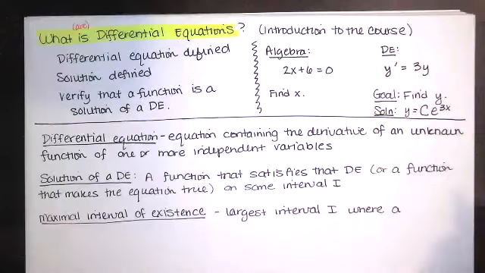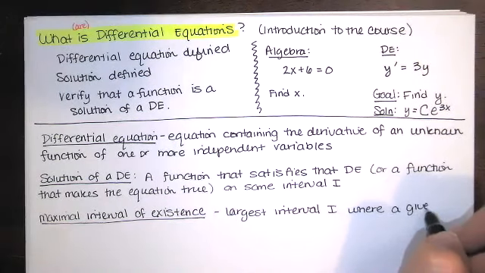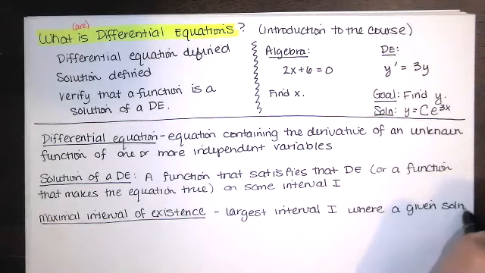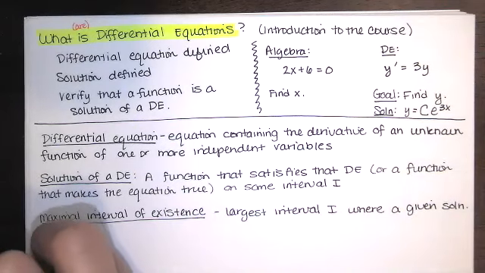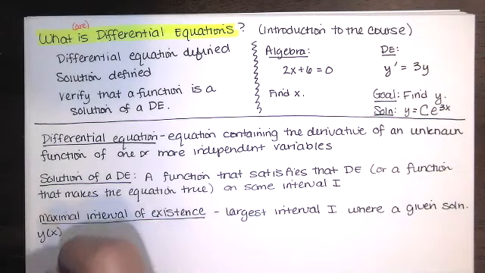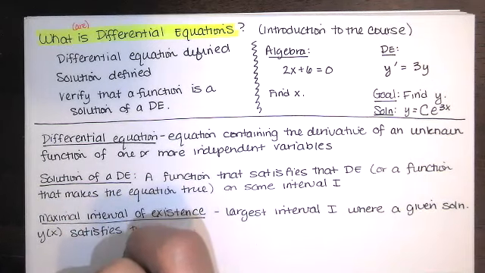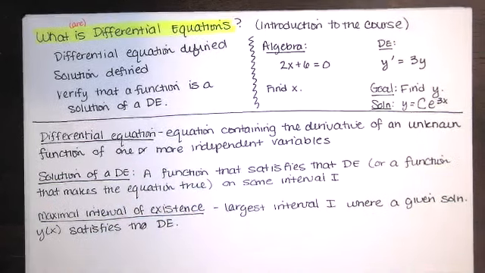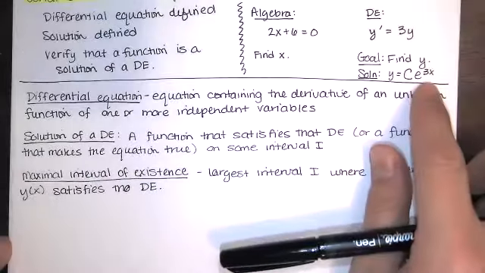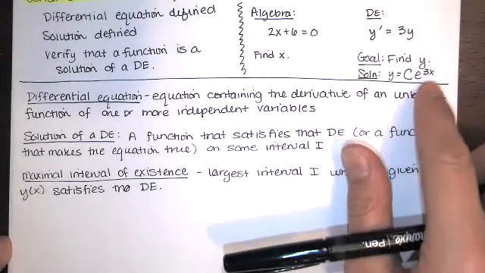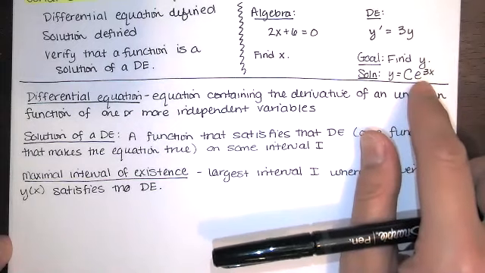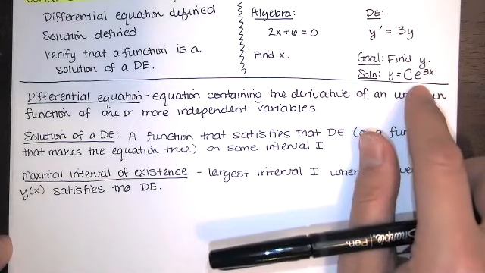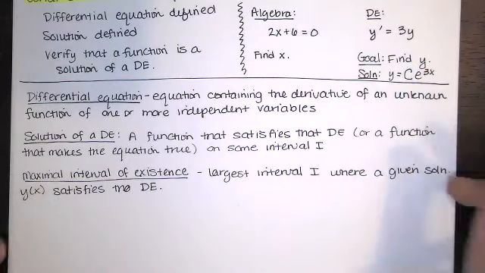So we're saying the largest interval I where a given solution y of x satisfies the differential equation. So for this one, it turns out that this is going to work. It's going to be a solution to the differential equation all the time. So the maximal interval of existence would be all real numbers.